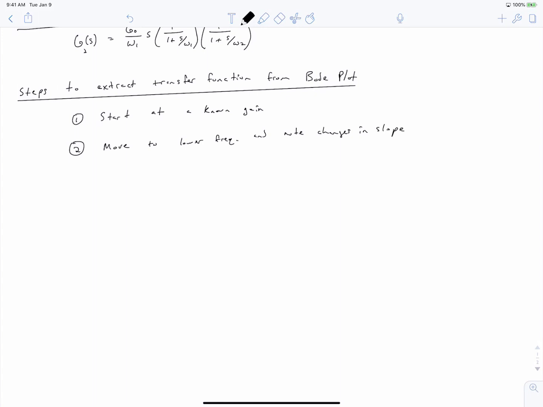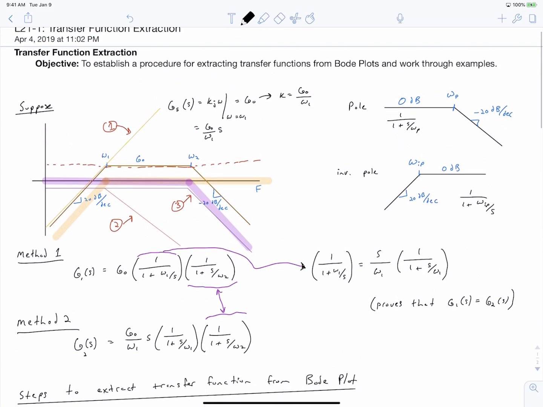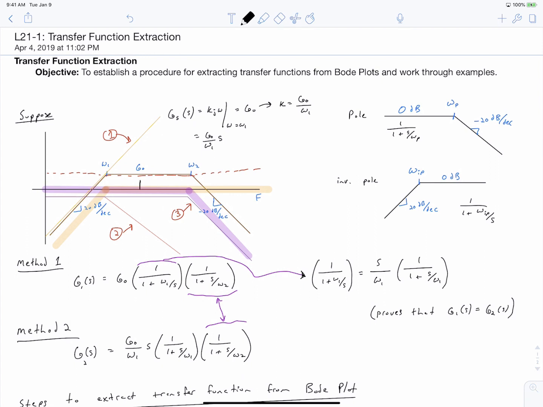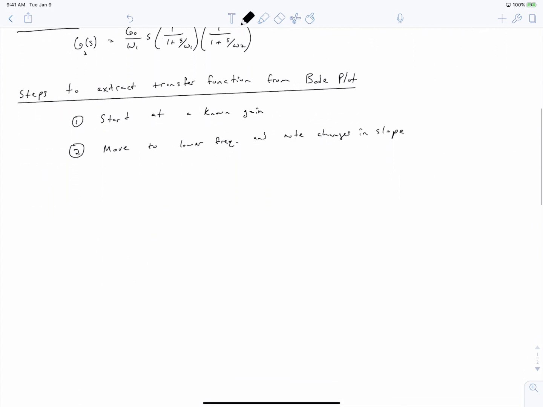And what do I mean by changes in slope? Well, as we go from the location of our known gain and work towards lower frequencies, we see that suddenly at omega 1, our slope starts to go downwards at 20 decibels per decade. So we're going to note the frequency that happens and the fact that it went downward.